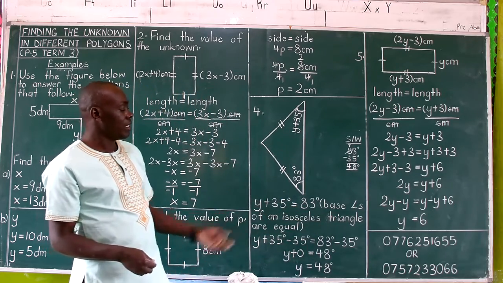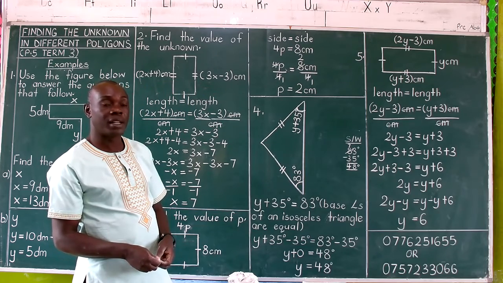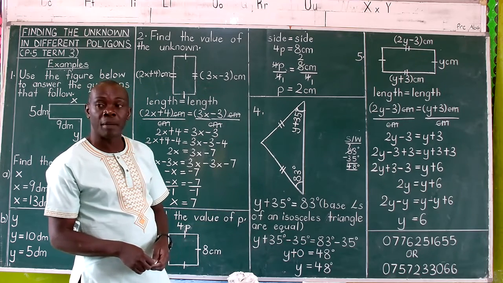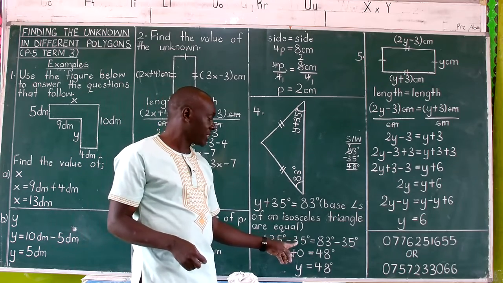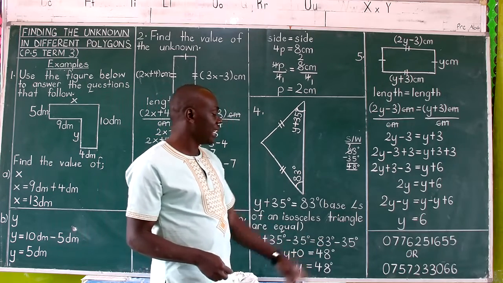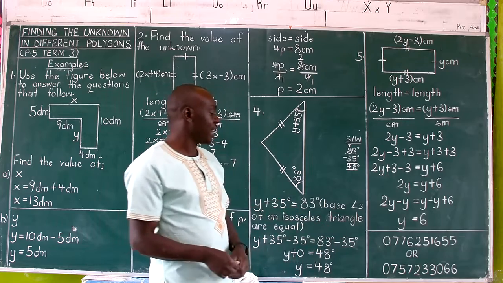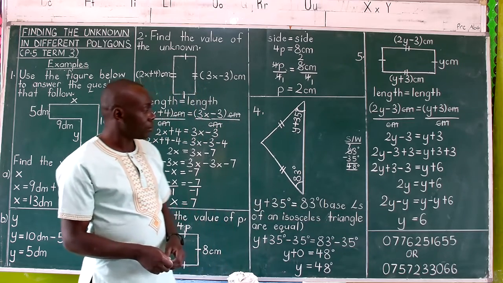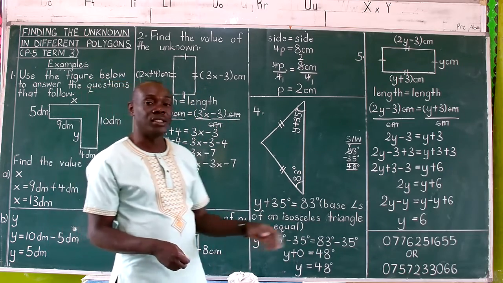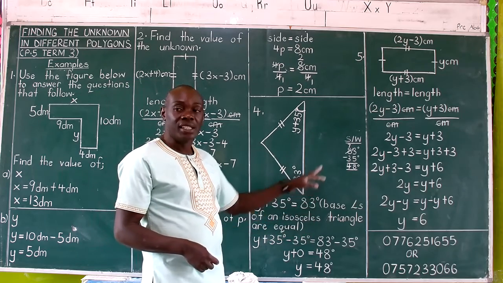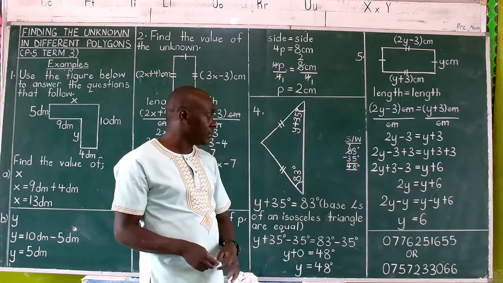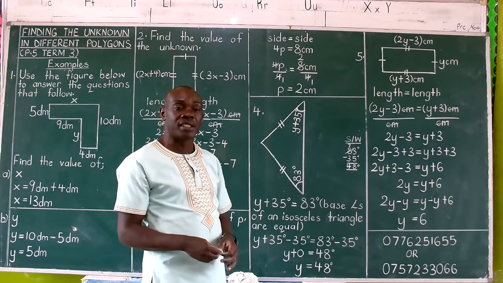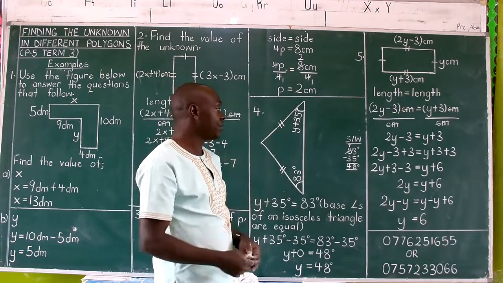And now we work out this algebra, which we worked out right from our P.5. So we say y plus 35 degrees minus 35 degrees equals 83 degrees minus 35 degrees. Now, to be accurate, align your working vertically or downwards. 83 on top of 35 and then subtract in accordance with their place values.